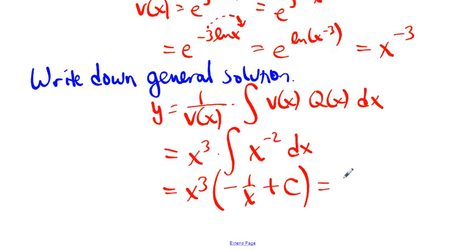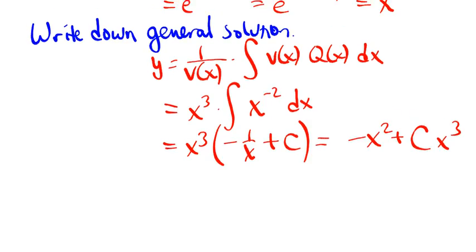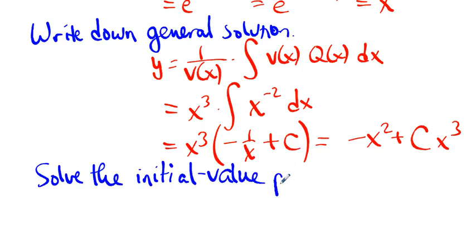And that's negative x squared plus c x cubed. So, step 4. After you have the general solution, solve the initial value problem. What did we know?